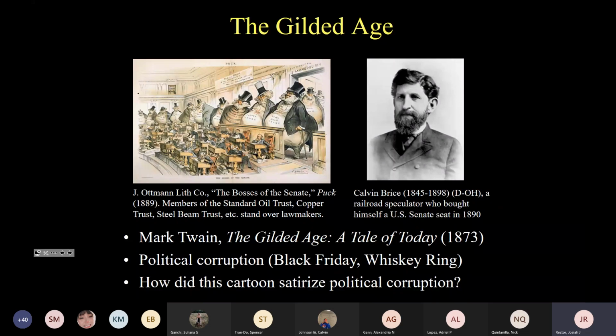So this is a satirical novel like much of Twain's work, and the term gilded is kind of a giveaway, right? Because unlike gold, something that is gilded is merely painted with a gold surface, but underneath it's not really gold. So the implication is that this is a time period that might look shiny on the surface, but if you dig in, it's actually less impressive. And that was sort of Twain's take on America in the 1870s.